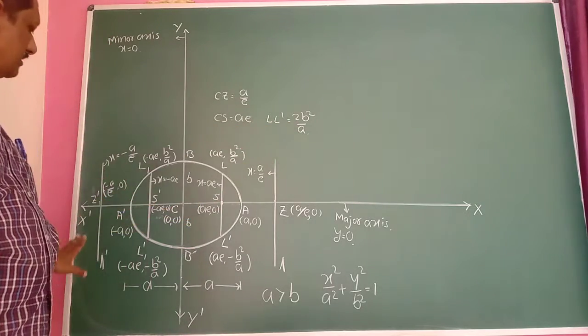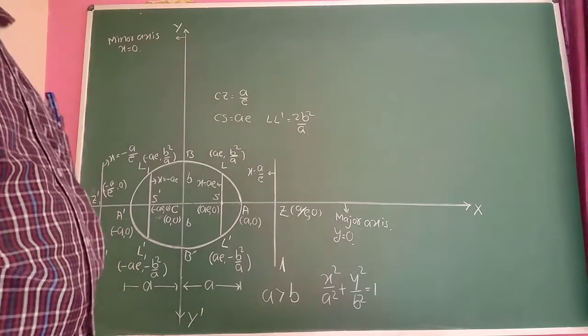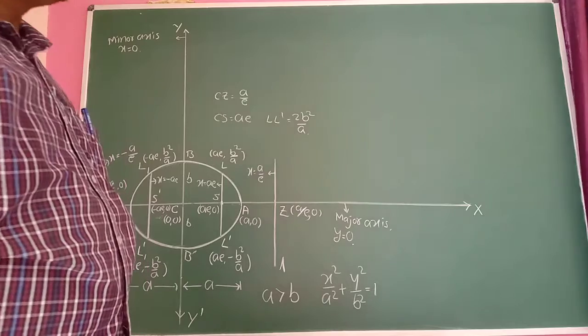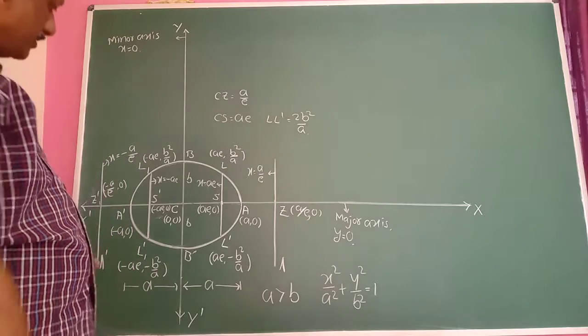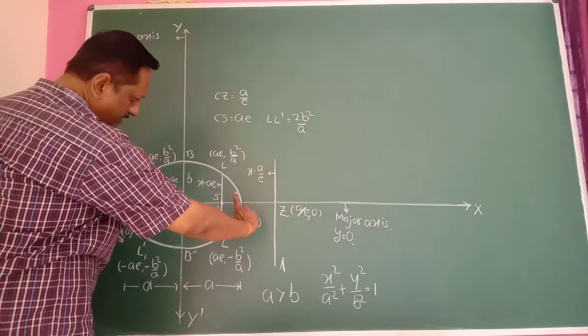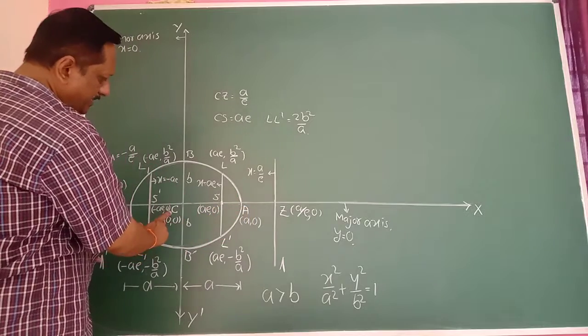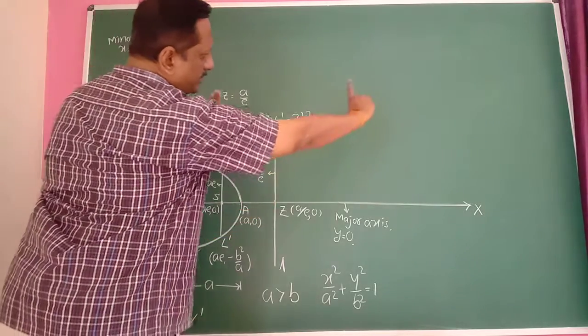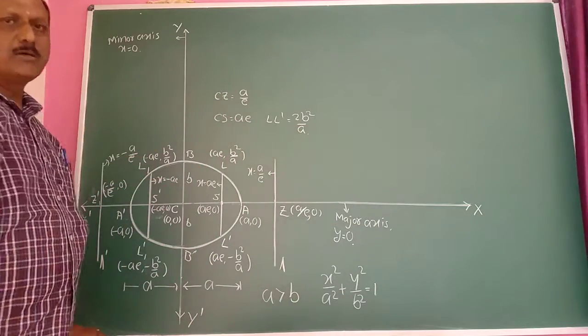So these are all important results for the ellipse x square by a square plus y square by b square is equal to 1. Suppose you shift this ellipse, whose center is the origin, to some other point h comma k.